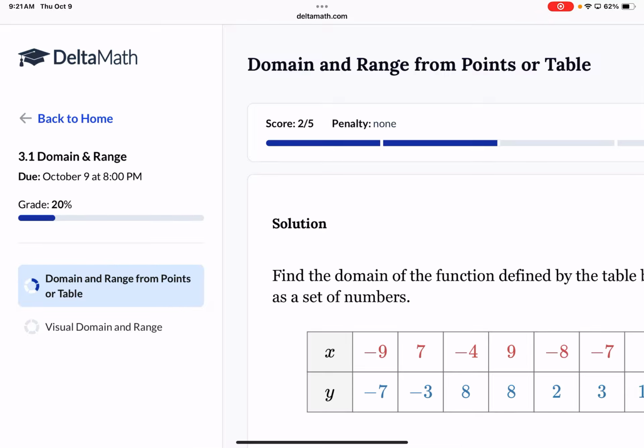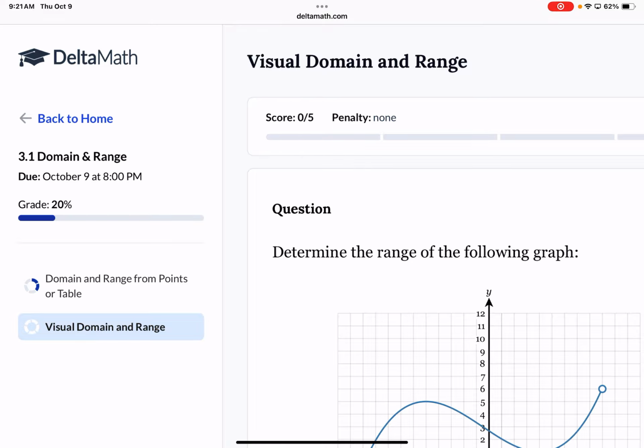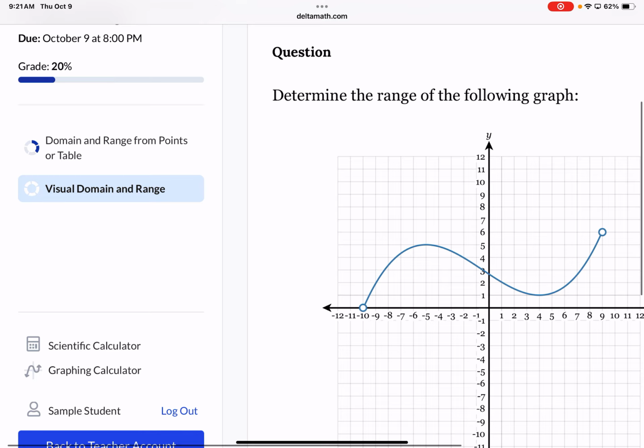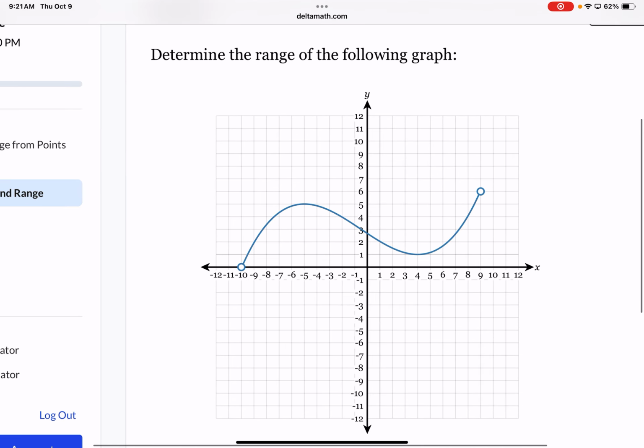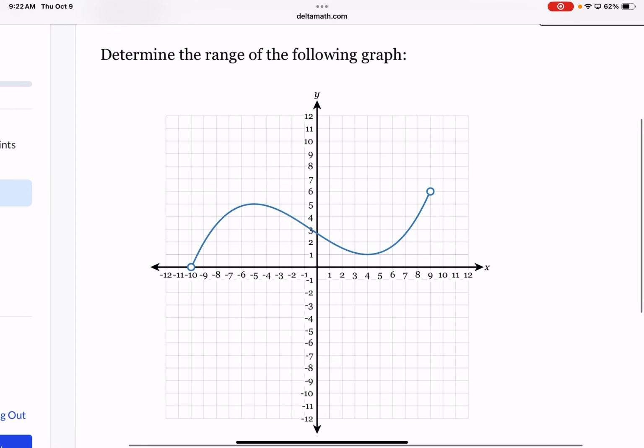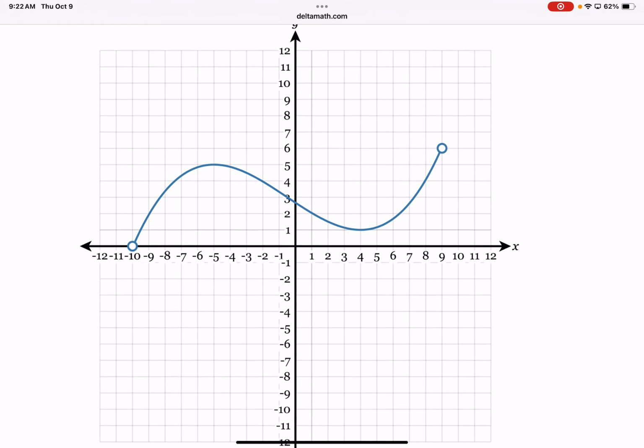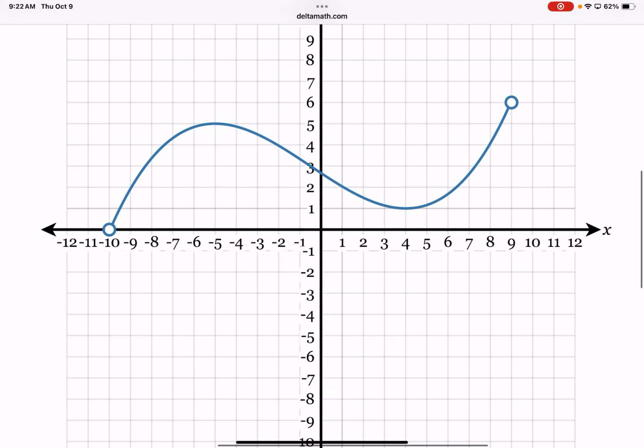It's very easy. Okay, now, this second section is looking at it visually from a graph. Okay, this is where we're going to have to do interval notation. So for the first one, it says determine the range. Look at this graph for me. It says range, so we're looking at y's. So we go bottom to top. What is the bottom of this graph? 0, because it's our y value.